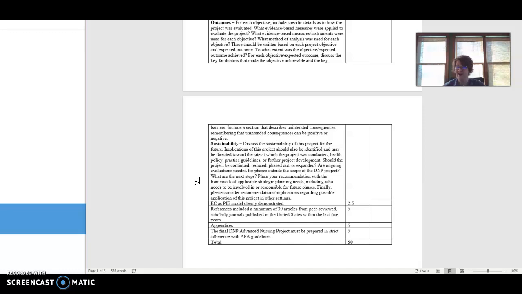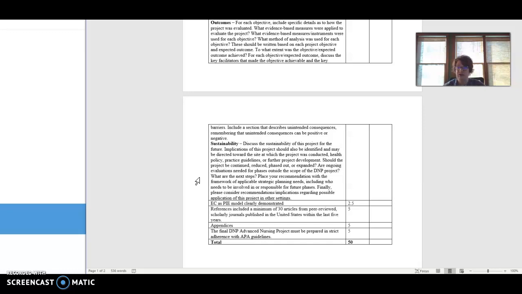I've yet to find a project that went exactly as planned, and that's part of the leadership skills that you're demonstrating: how you accommodated a little bit of adversity in your project. So you want to speak to that as well.